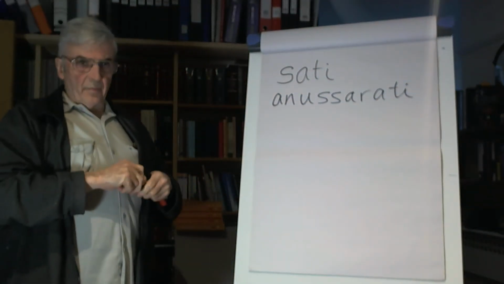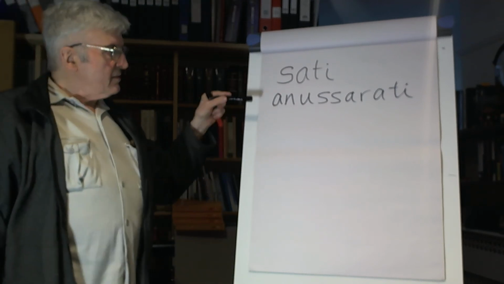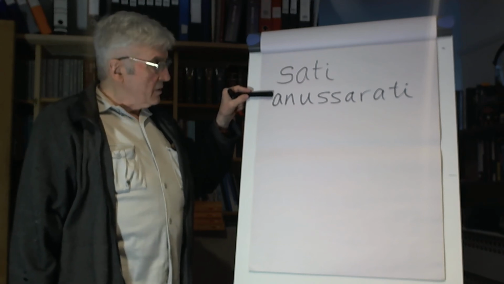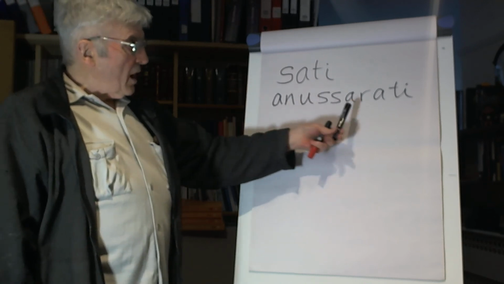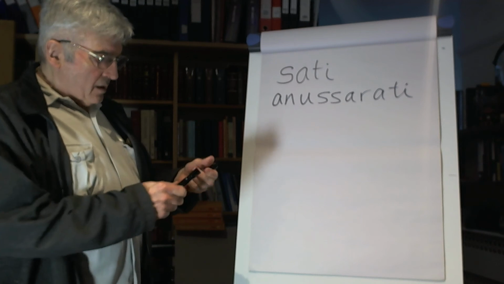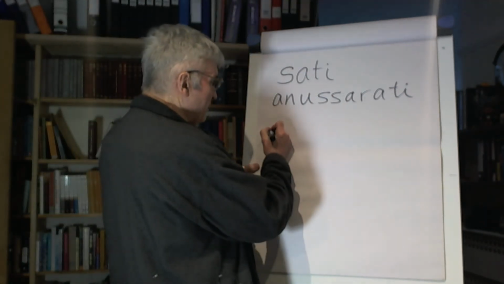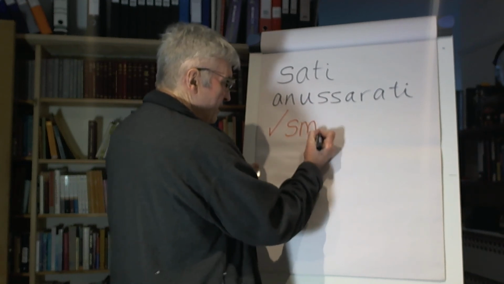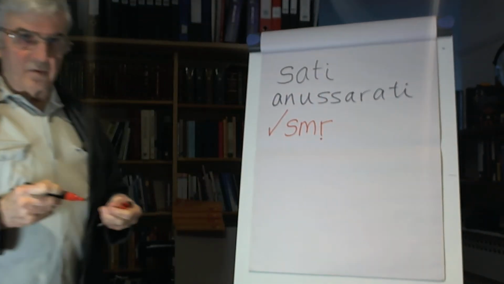These are both from the same root, but you will search in vain for anything that could be called a Pali root of either of these words. How does that R come into the verb anusarati? Go back to the Sanskrit root and everything becomes clear. The root is smri, meaning to remember.